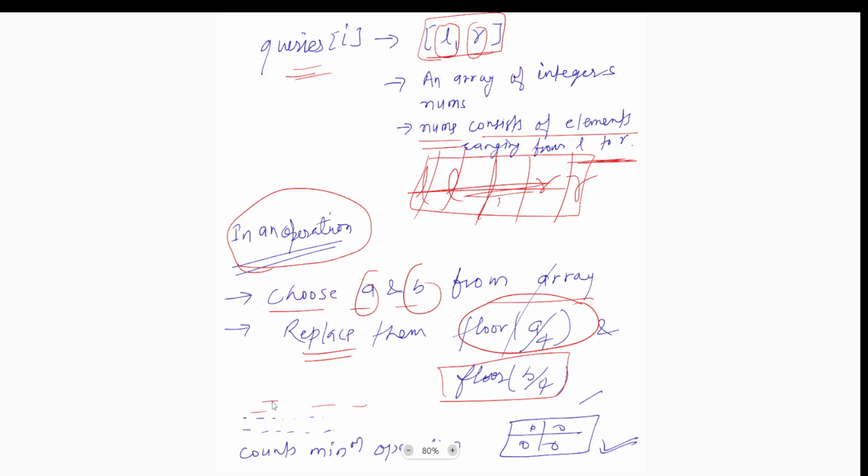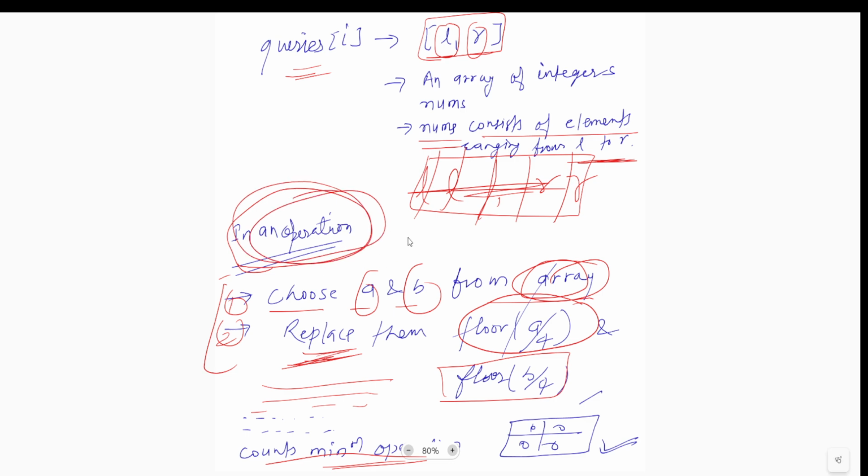You have to apply these two rules: choose, and replace. So first you choose two elements from the array, and then replace them with their floor value divided by 4. Then you have to find the minimum number of operations needed to make all these values 0. I hope you understand the question.